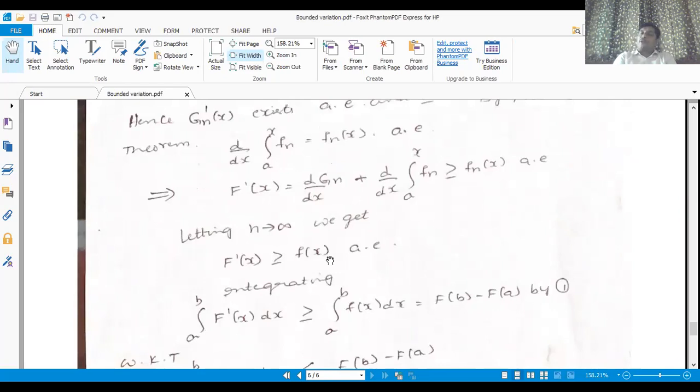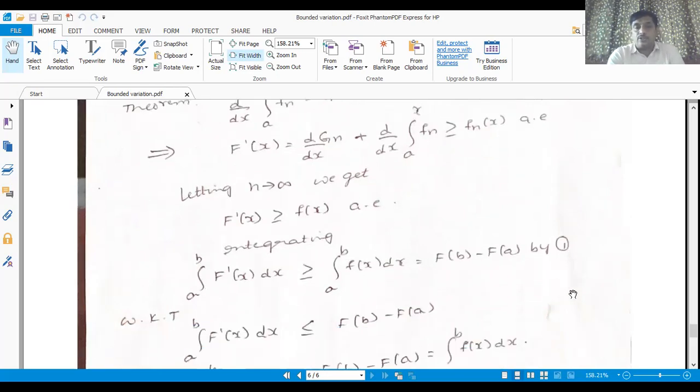Here, if we integrate with respect to the closed interval [a, b], then the integral from a to b of F dash x dx is greater than or equal to the integral from a to b of f of x dx, because you know that this is the indefinite integral, and the definite integral becomes F of b minus F of a, because the given function is an integrable function. Using that property, this is F(b) minus F(a).